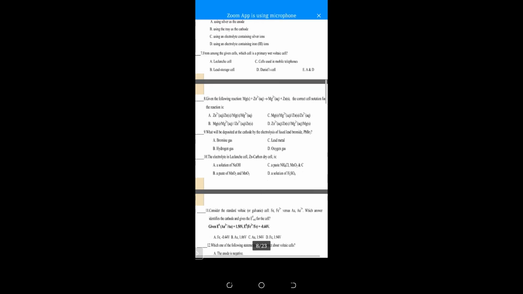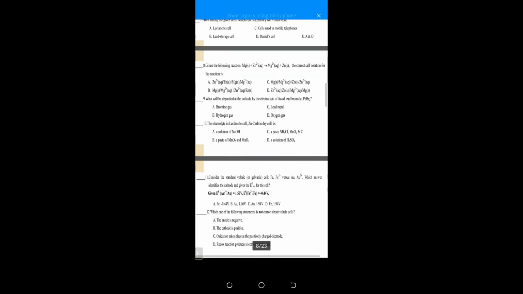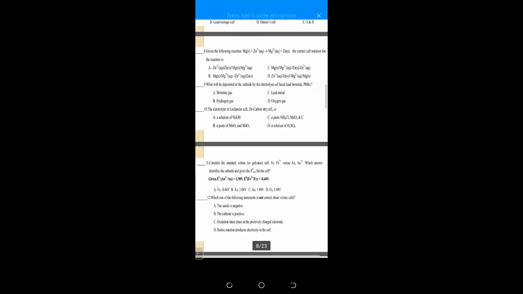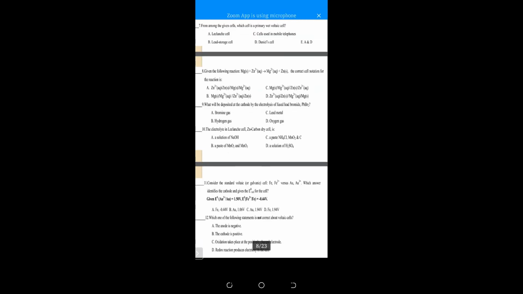Primary means use and throw. Wet means the electrolyte is in solution form. It is the Daniell cell. Daniell cell is primary wet. D is the answer.